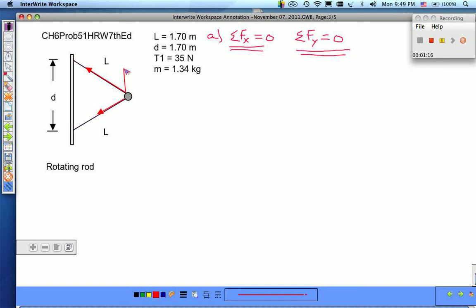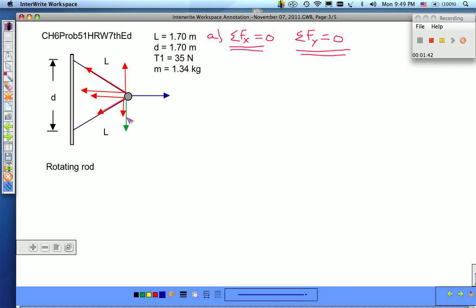So identifying the vectors in the upper and lower strings. Here are the x and y components of the upper string, and here are the x and y components of the lower string, and I'm showing them in proportion to the force of the upper and lower string. Showing the weight of the ball down, and I'm going to show the centrifugal force to the right.